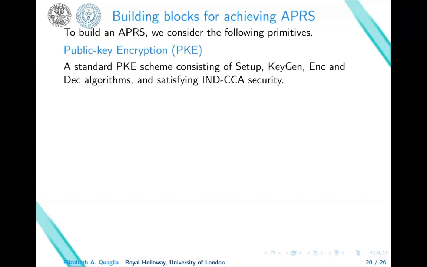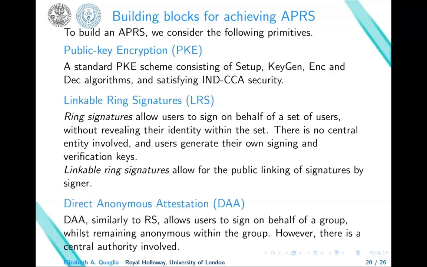One is a very simple one, a standard PKE scheme with its standard algorithms, which look very few now in comparison to what we've seen so far, and satisfying CCA security. And then we need two other ingredients. I'm not sure everybody's familiar with them, so I'm just going to describe them a little bit. We need a linkable ring signature scheme and a direct anonymous attestation scheme, which are very similar primitives, actually.